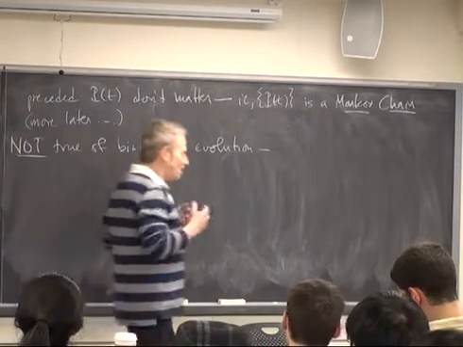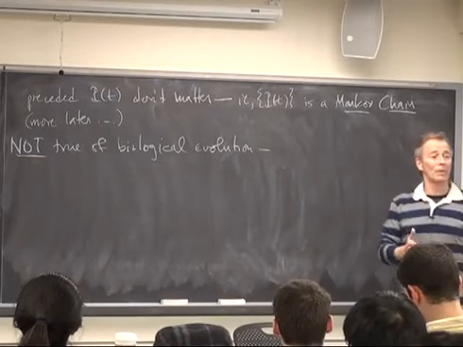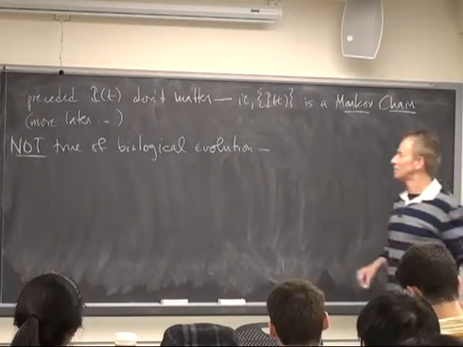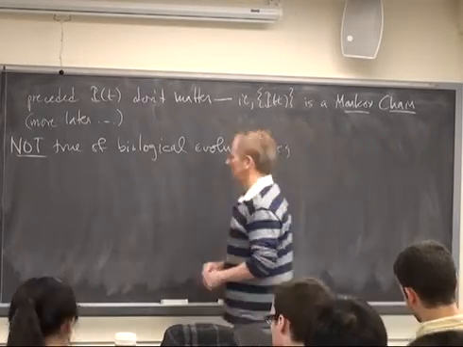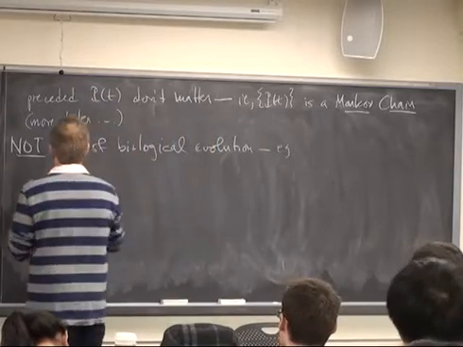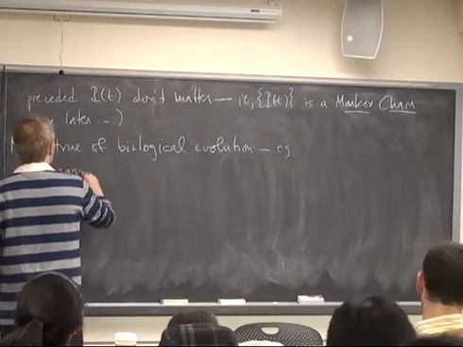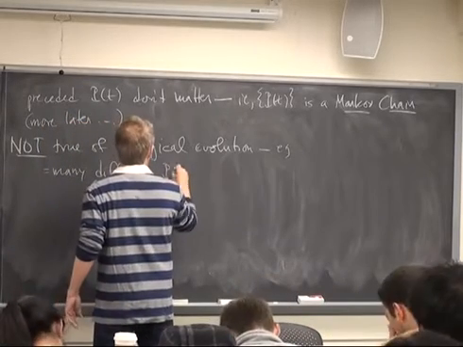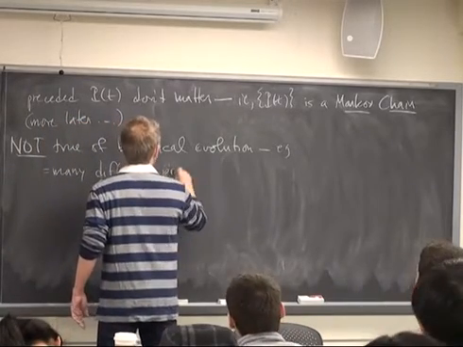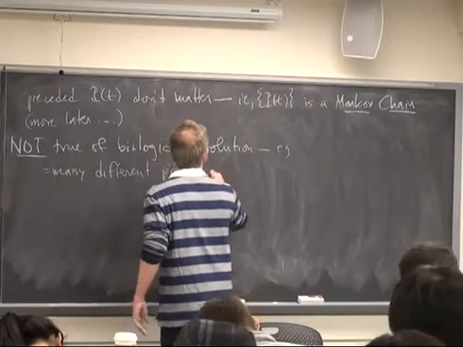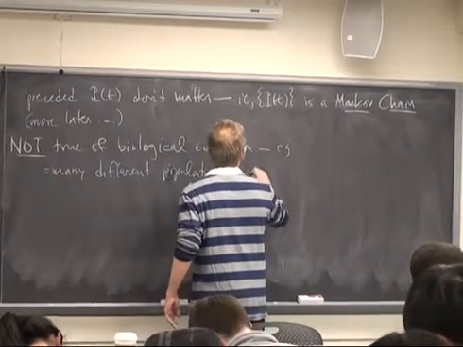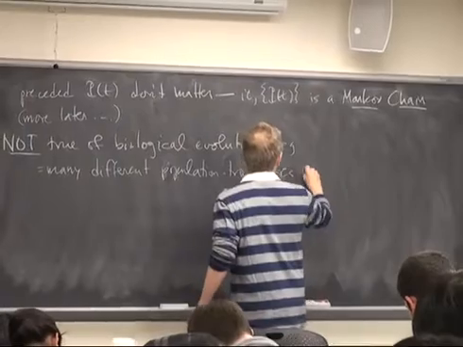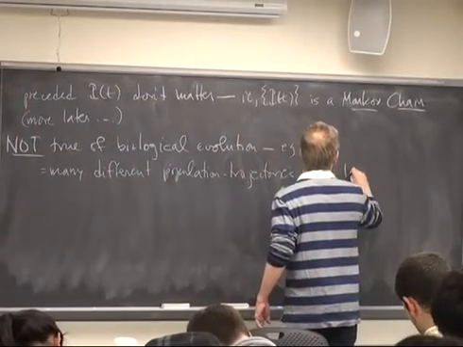How come? Many different past histories of a population might lead to the same P of t. So for example, many different population trajectories, so to speak, might lead to the same P of t.